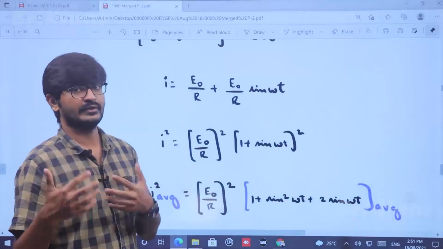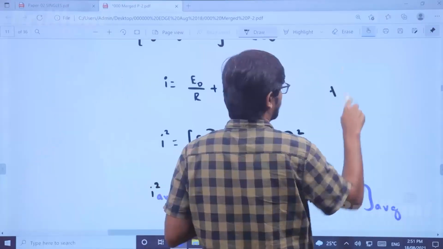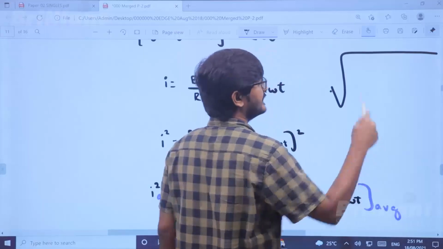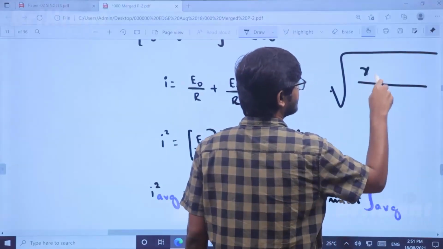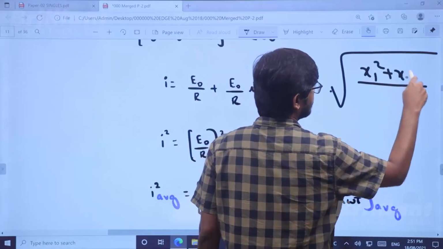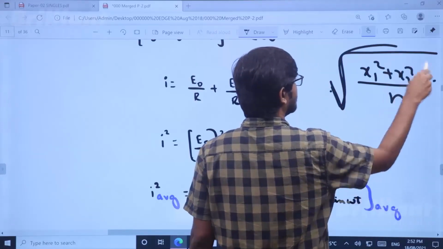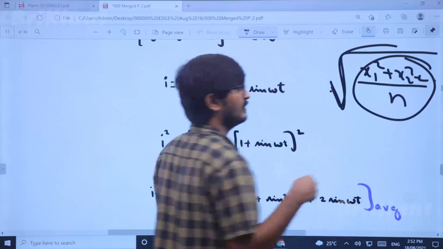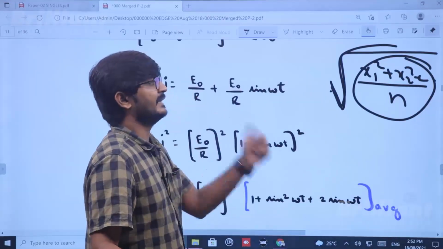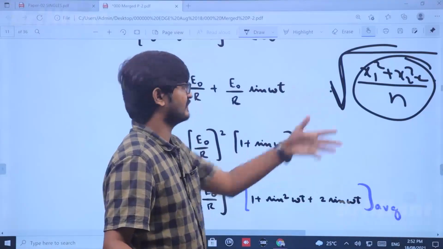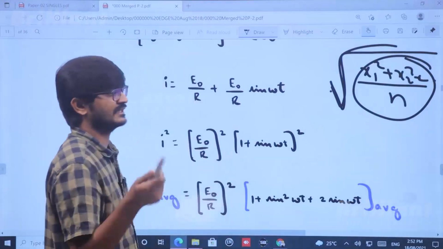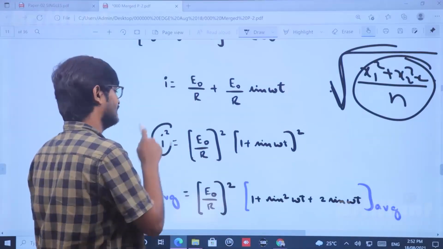RMS in the sense root mean square. Mean square in the sense average of squares. Root of mean of squares. So what I will be doing? I will be finding mean of squares first, average of squares. So for finding average of squares, I will be finding I square.